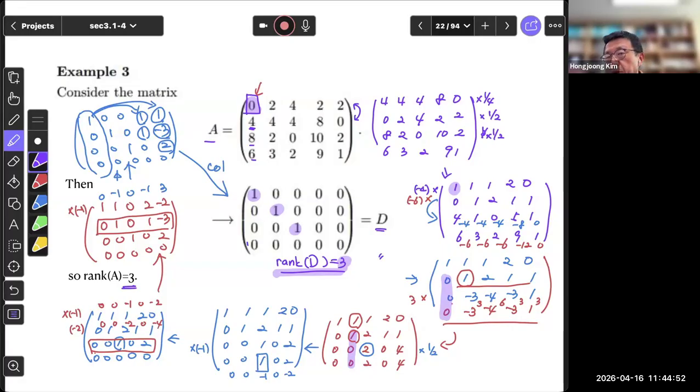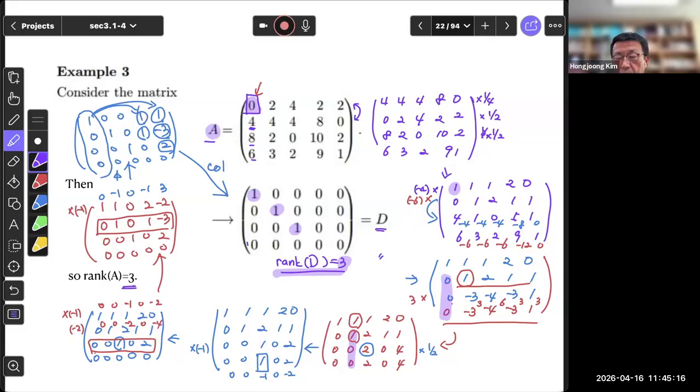And elementary matrices are all invertible and they preserve the rank, right? So the rank is not changed before or after you multiply by some invertible matrix. That's why the rank of A is 3.